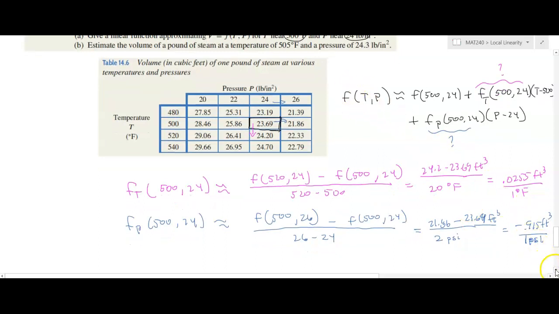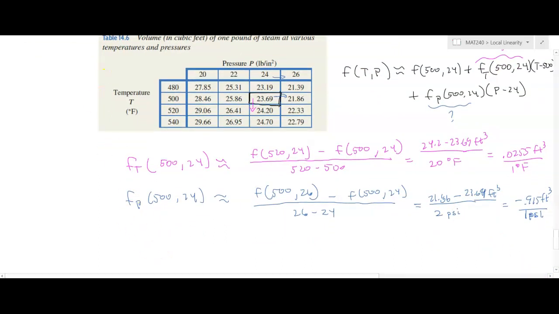And now we can put this all together. We can say that F of T comma P is our F of 500 comma 24. Well, that's just the actual volume at that temperature and that pressure. So we're estimating this function, so we're going to use approximately equal to.